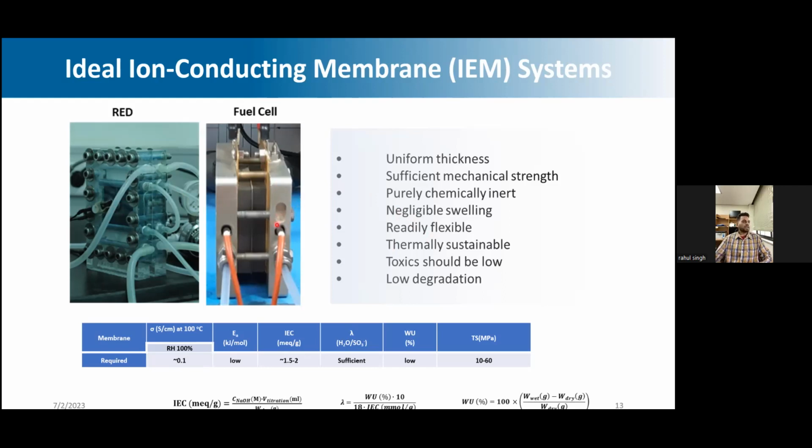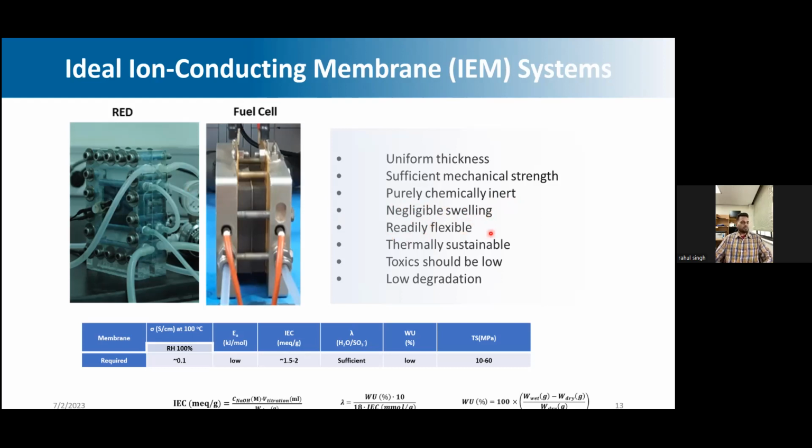That water can be responsible for the swelling, and here salinity and water can be responsible for the swelling. So this has to be taken into consideration before. This is the crucial part of this type of membrane. If we control the chemistry part, we can control this swelling part also.